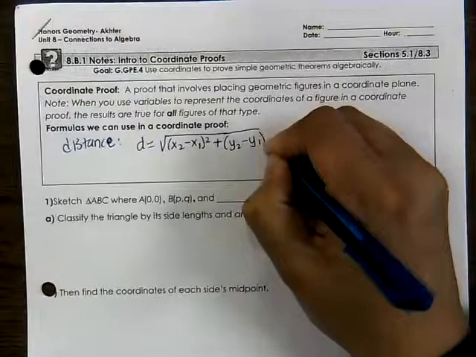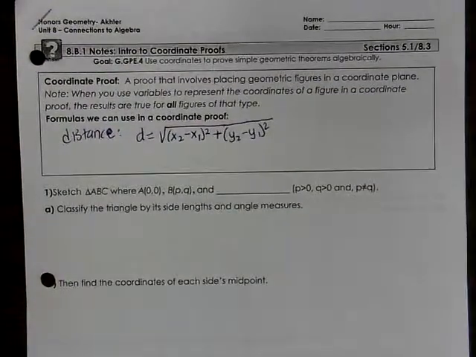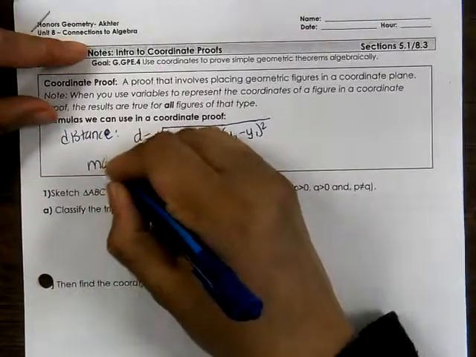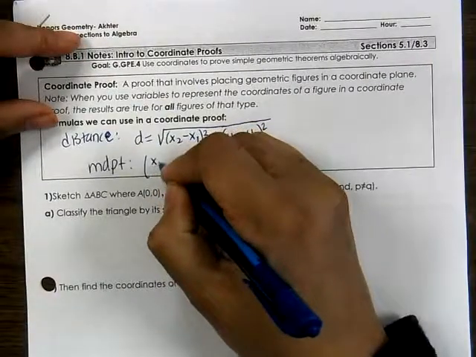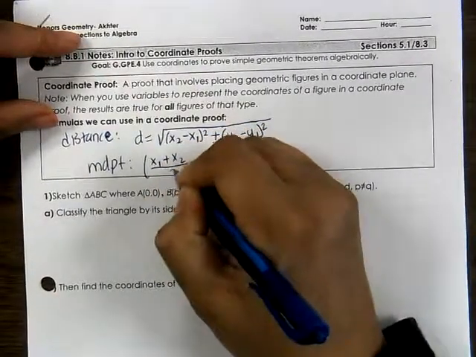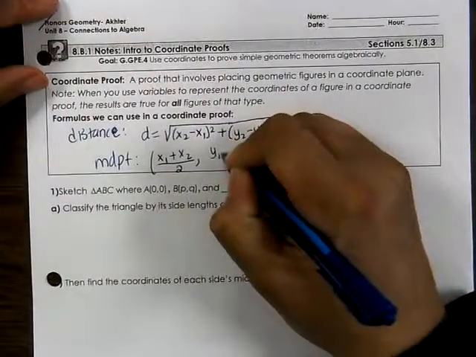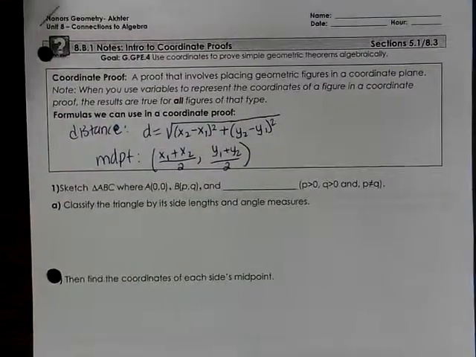So y2 minus y1 squared, remember that's the distance formula. So nothing changed so far with that. The midpoint formula was the next one that we did. Midpoint formula was where you add up your x's, so x1 plus x2, and you divide it by 2. Same thing for your y's, y1 plus y2 divided by 2. That's how we found our midpoint.